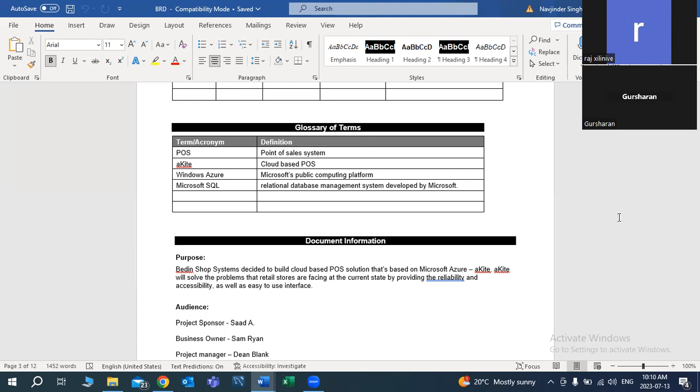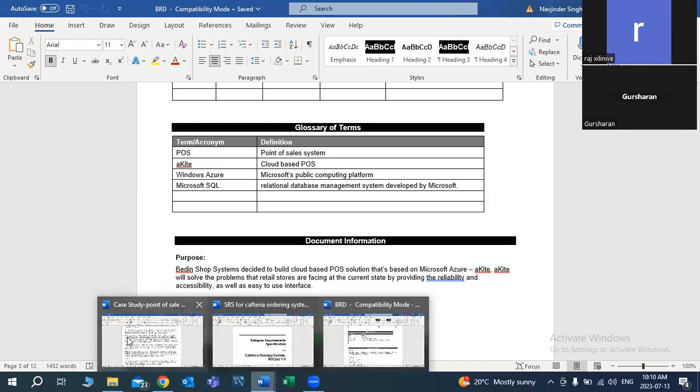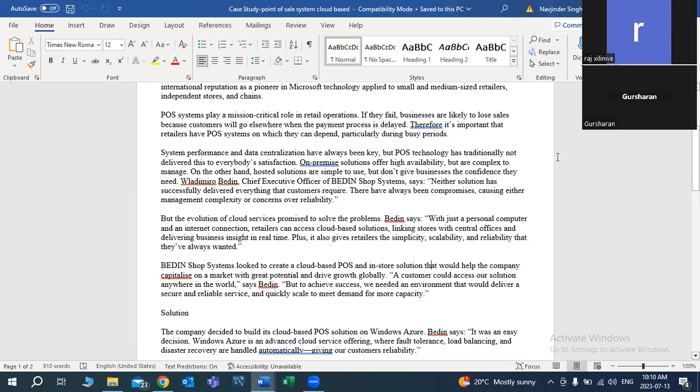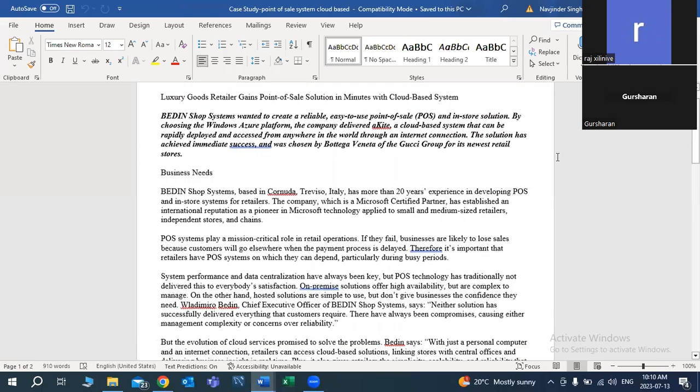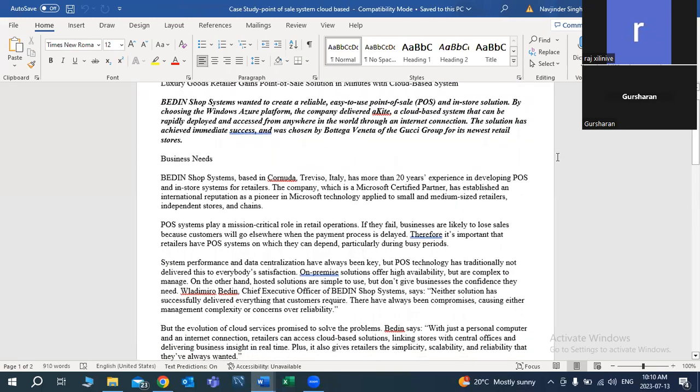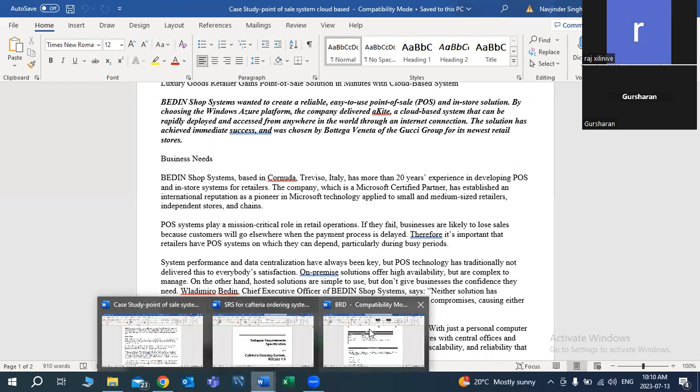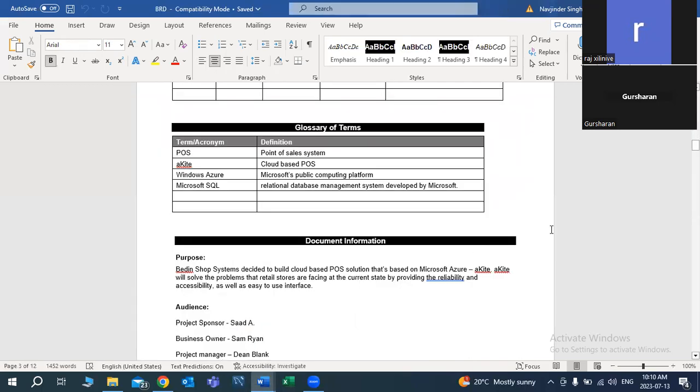For example, if you open the case study, there is an acronym called POS. What does POS stand for? POS stands for point of sale system. Now go back to the BRD document. What does Ekite stand for? Ekite is the name of the product, the cloud-based point of sale system we are developing.